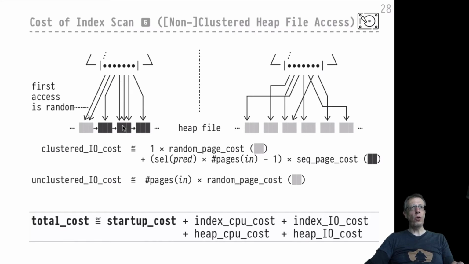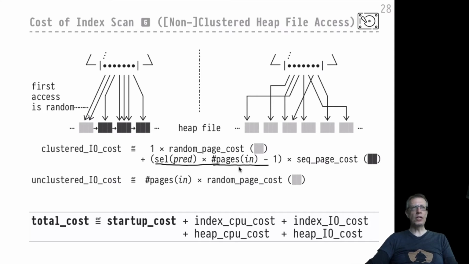All right, so what we will find is that this would be the number of overall pages in our index file. Well, this is the fraction of the file that we will probably have to read. The selectivity of the predicate defines the size of the portion of the underlying heap input file that we would have to scan.